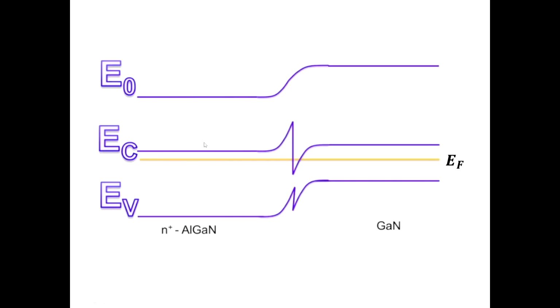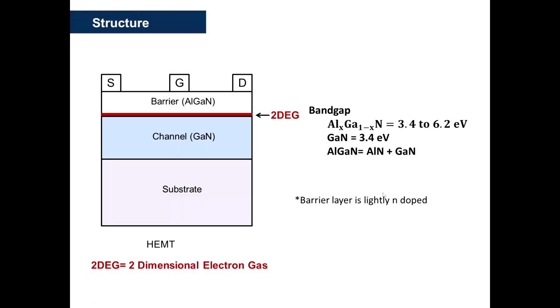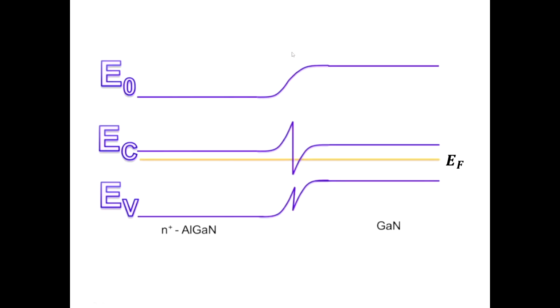So here we can see this is the heterojunction. Above this heterojunction is the AlGaN layer, and below the heterojunction there is the gallium nitride layer. This AlGaN layer is lightly n-type doped. Here we can see the Fermi level for the aluminum gallium nitride at the left hand side of this junction.